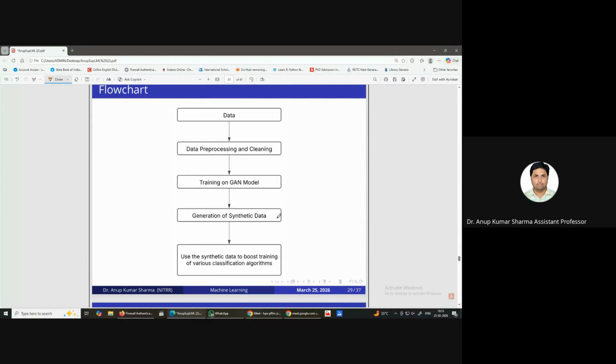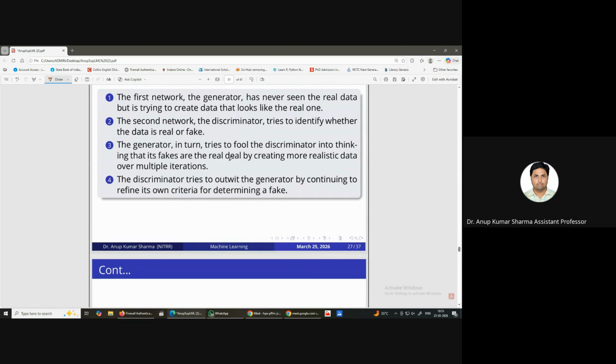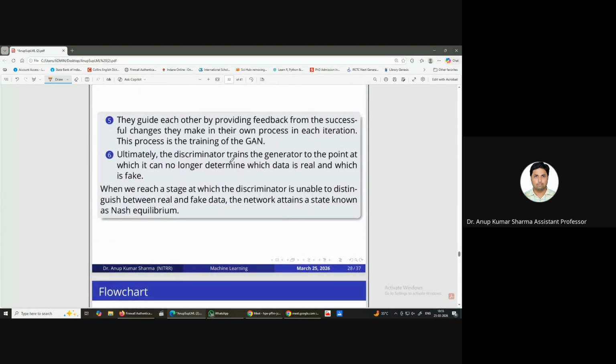In the flow chart you can see data processing, cleaning, training the model. This is the same for all the models. They guide each other by providing feedback from successful changes, and they refine their own process in each iteration.